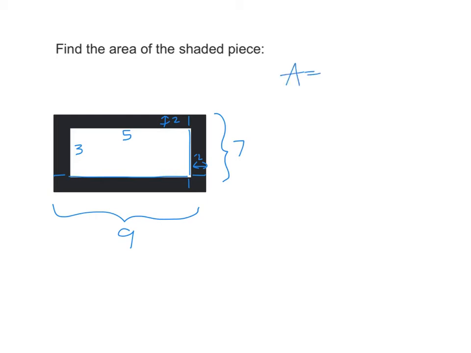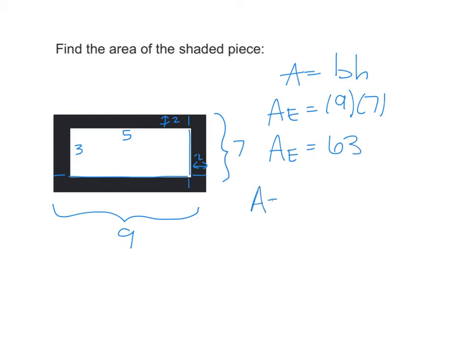So we know that area of a rectangle is base times height. So we'll say area of entire, so I'll use A sub E, would be my base, which is 9, and height, which is 7. So A sub E is 63. Now the area of the inside is also base times height, so that would be 5 times 3, which is 15.